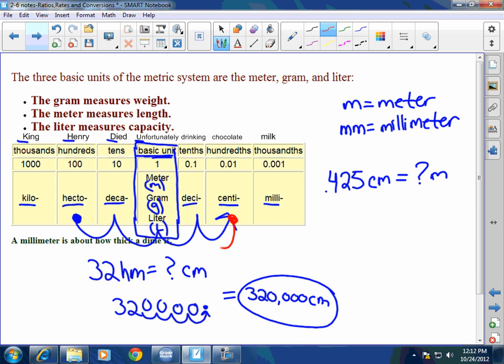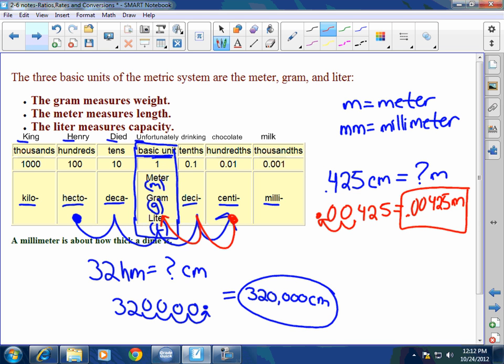To meters. So I'm going 1, 2 to the left. So I take my number here and I go 1, 2 to the left, place my decimal, fill in my zeros, and then make it nice and neat. 0.00425 meters. Does that make sense, gentlemen?